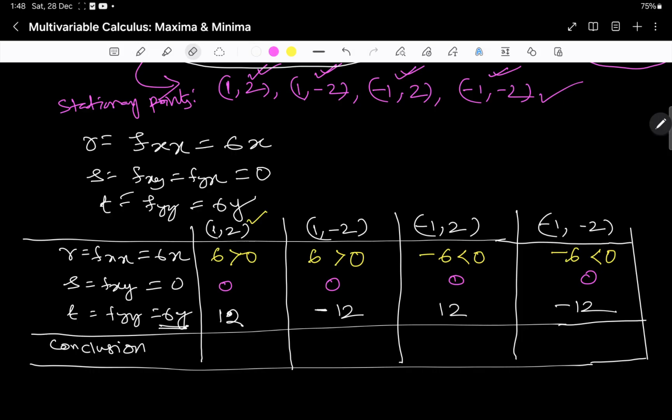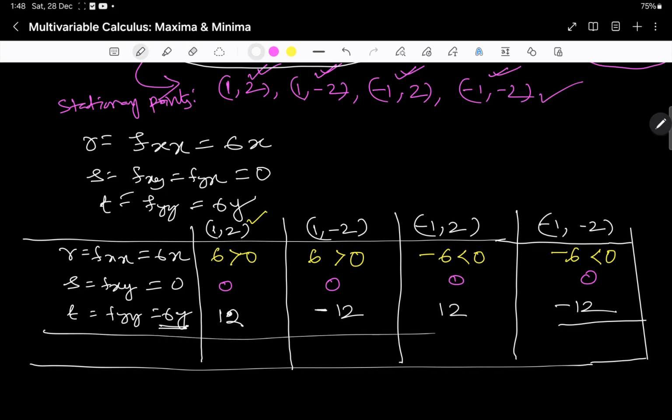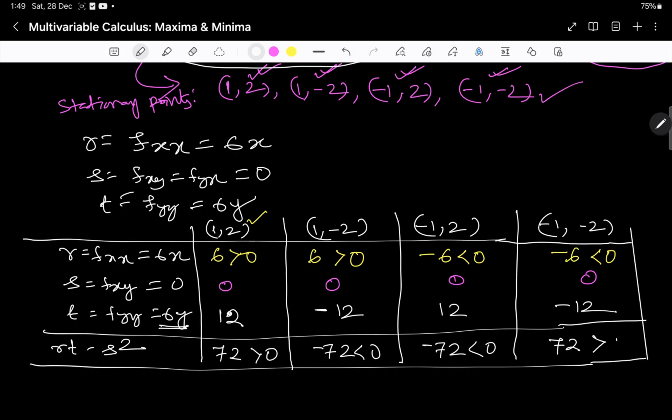One more thing we have to find, rt minus s square, right? So you multiply r into t, 72, it is positive. Then here you calculate, it is -72, it is negative. It is -72, negative. It is 72, positive, right?